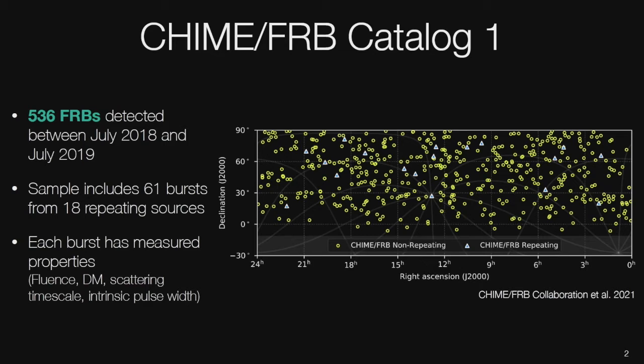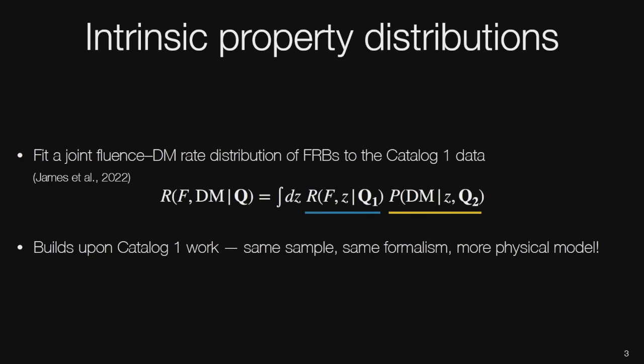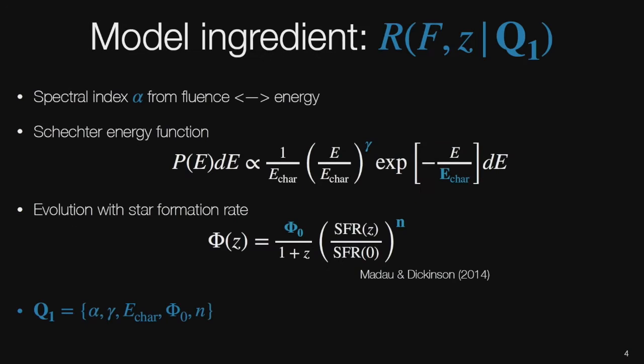With this, we have the first statistically large sample of FRBs detected from a single survey. And it becomes interesting to try and ask populations level questions about these FRBs. So what I'm going to be talking about today is work done fitting a joint fluence DM rate distribution of FRBs to this catalog 1 data.